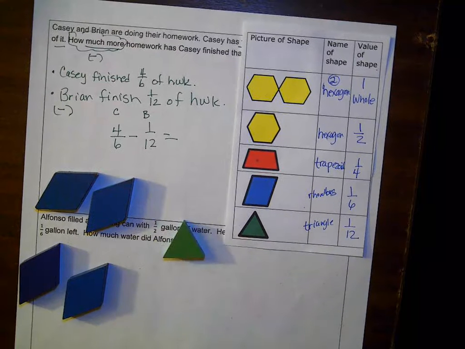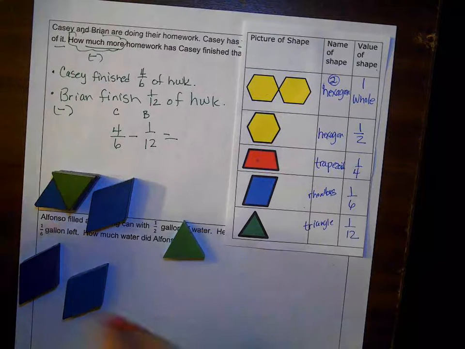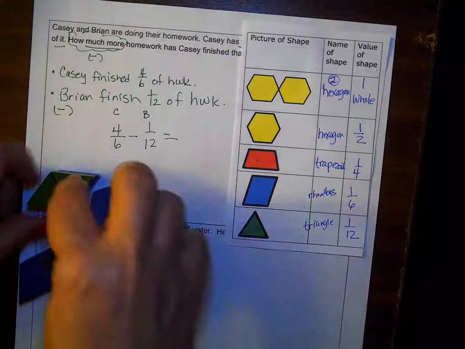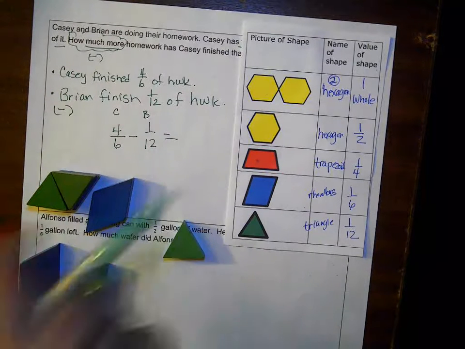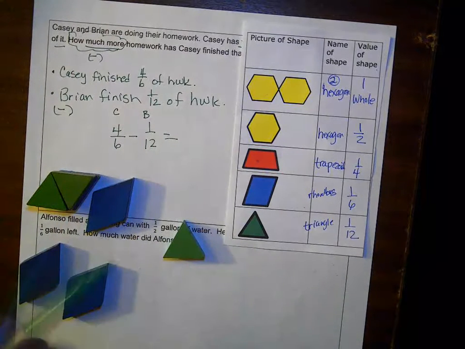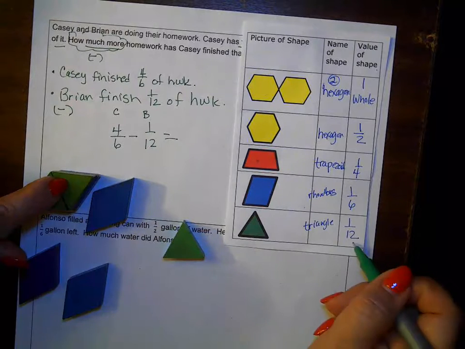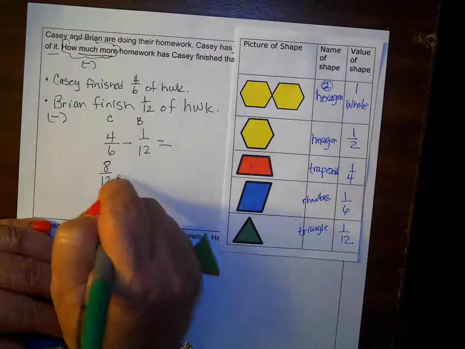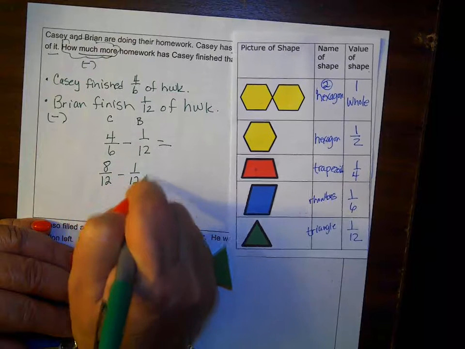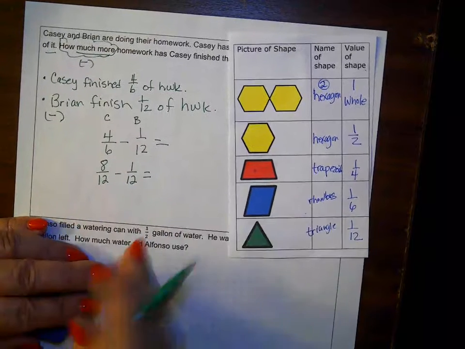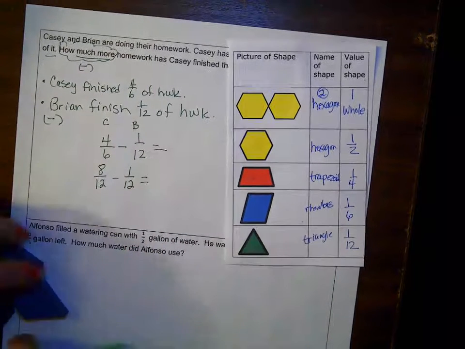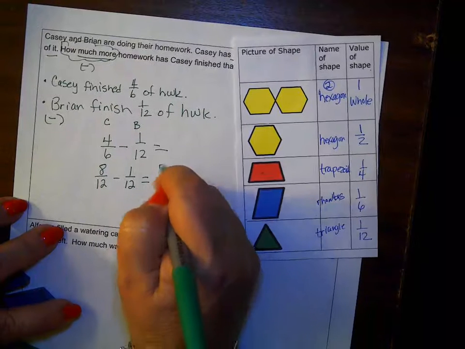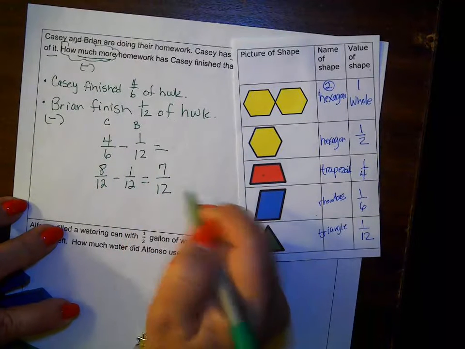So now I have that 1, 2. So I know that there's going to be 2 triangles per one. So this is 2, 4, 6, 8. The value of the triangle is 12ths, so it's 8/12 minus 1/12. So I need to take 1/12 out of here, and it leaves me with 7/12 left.